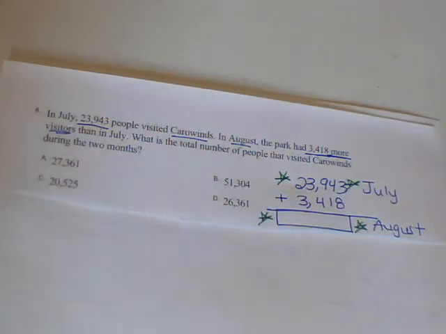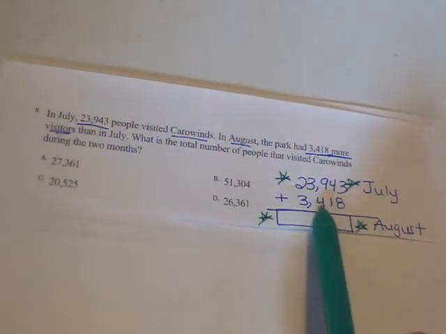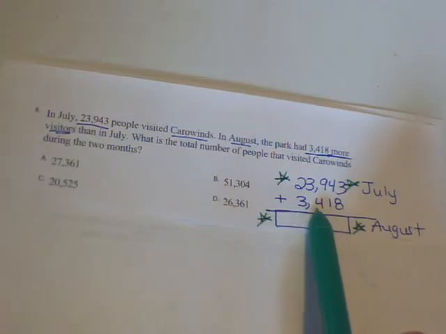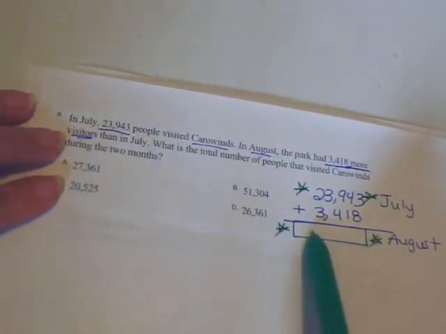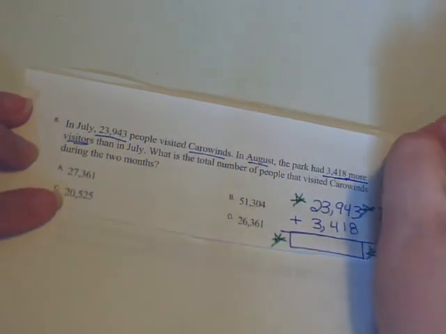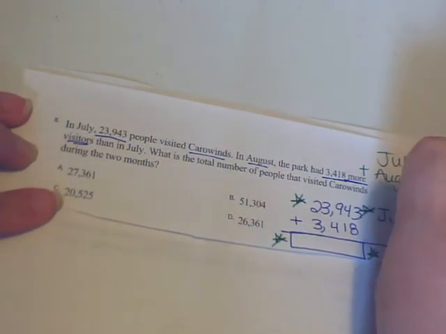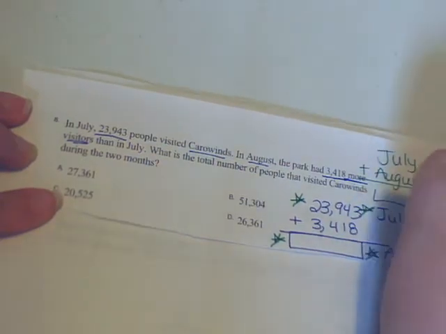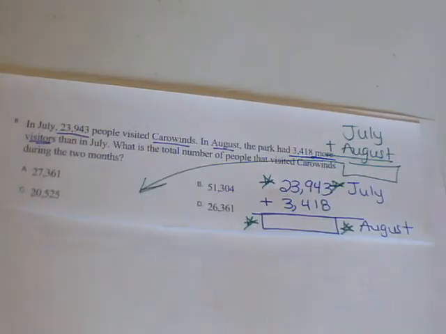So it's a two-step problem. I take what they have in July, add 3,418 people to that number to get my August number. Then I take my July number and my August number to get my total. So it'd be July plus August. And that's where I'd find my answer down here.